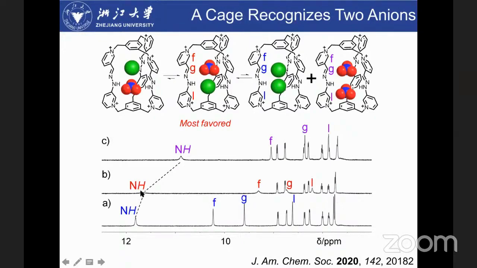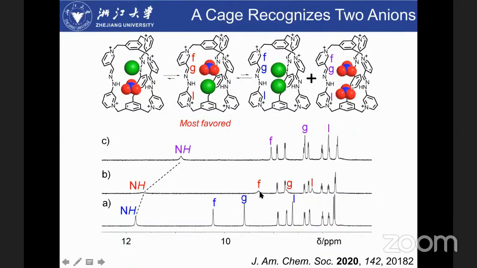You can see this NH is more like this compound, right? Because this NH is very similar to this NMR, just because in the bottom part, it is a chloride. And you can also see the F proton here is very similar to this species, just because in the top part of the cavity, we have the nitrate.